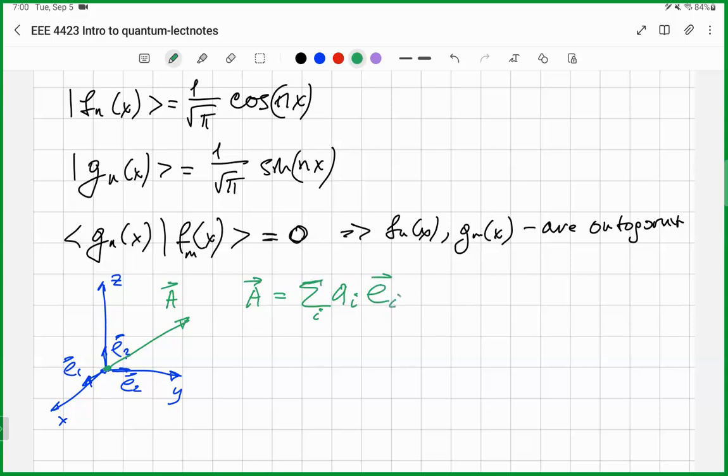Okay, so this is typically what we have for vectors.